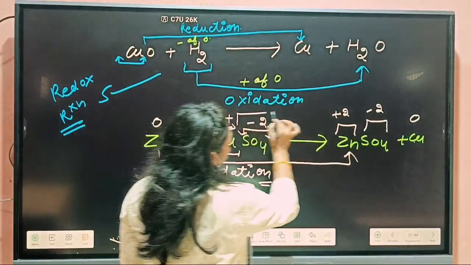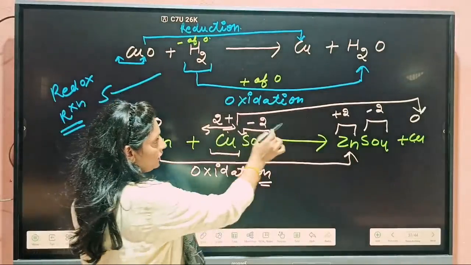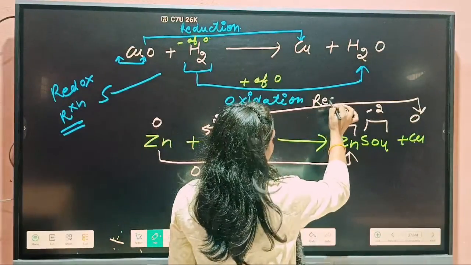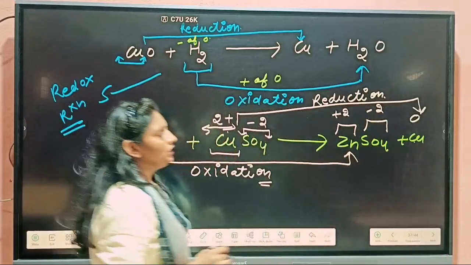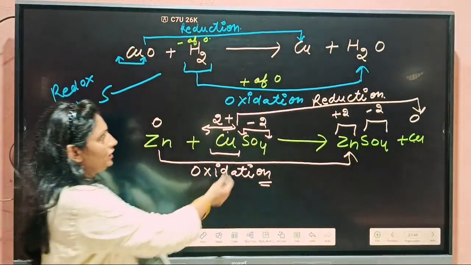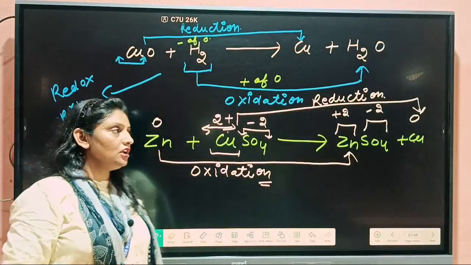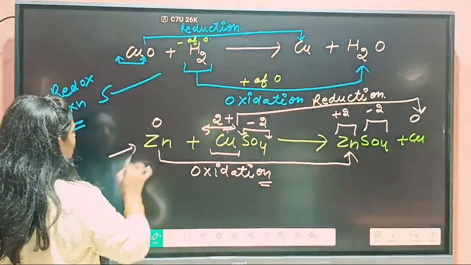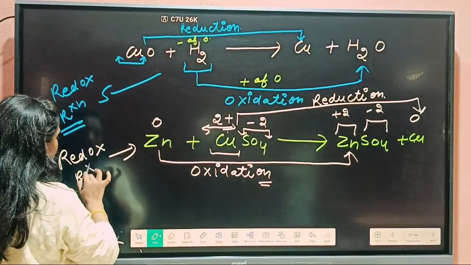So here this number is decreasing, so it is reduction. So students, here both oxidation and reduction, both processes are taking place simultaneously. So it is also a redox reaction.